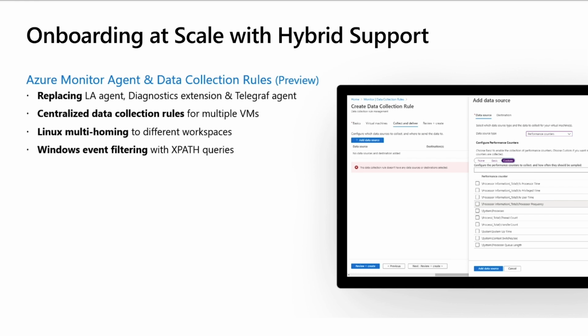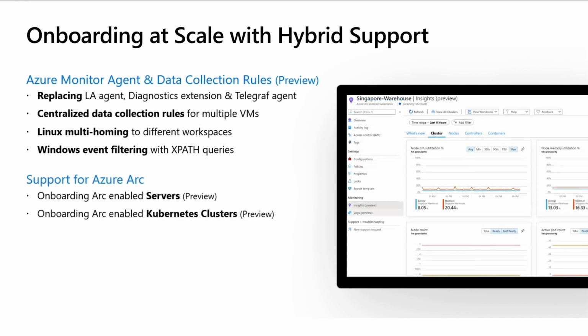If you have any Linux server, the new experience allows you to multi-home to different workspaces. Or let's say you have a Windows server, you can now start using XPath queries for event filtering right from the get-go. Talking about hybrid support, Azure Arc is the capability that gives you that unified management plane for all of your non-Azure servers or Kubernetes clusters, giving you that unified experience with which you can use Azure Monitor for these resources, just like they were any Azure resource.